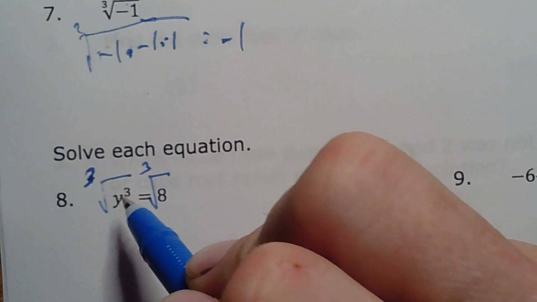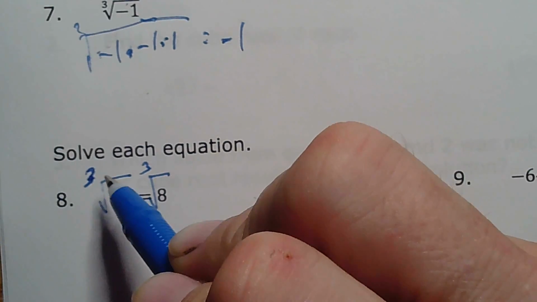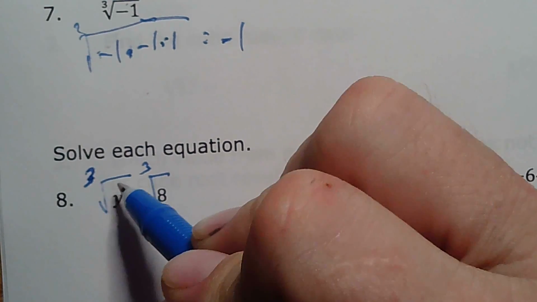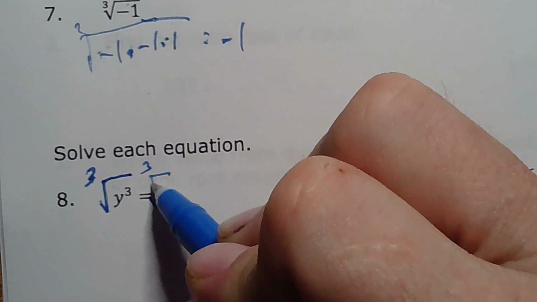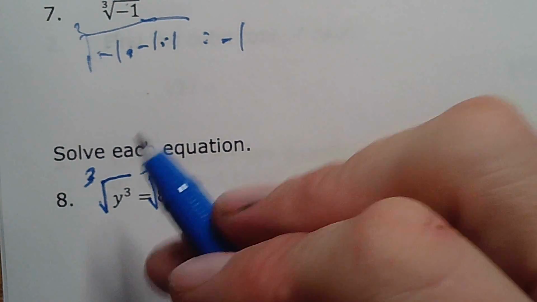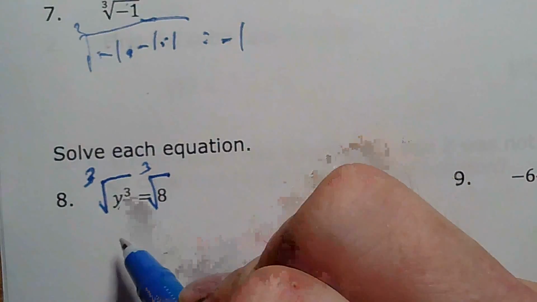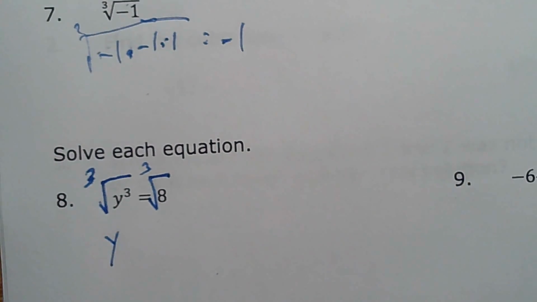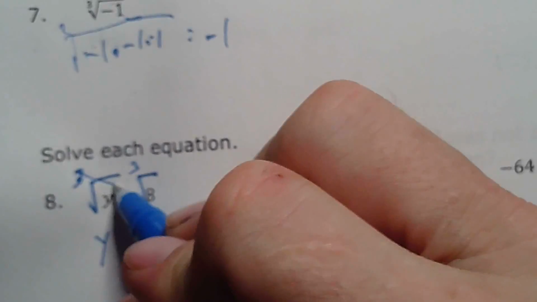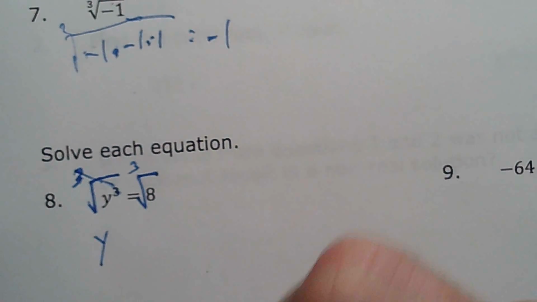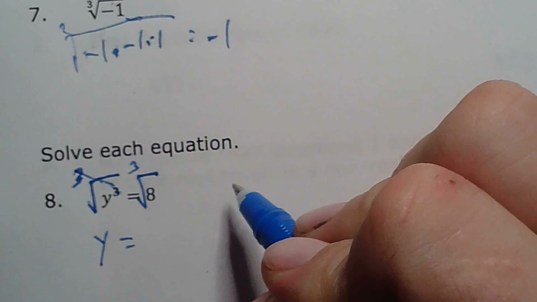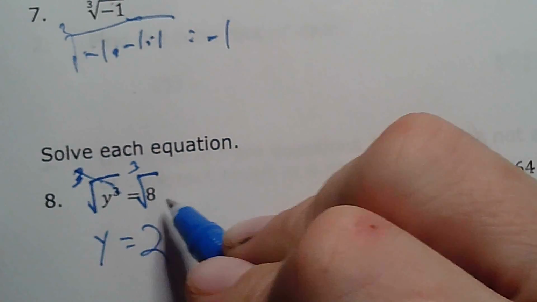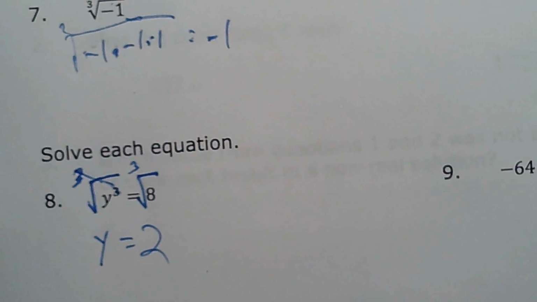In order to undo the cubed, I need to do the opposite function, which is the cube root. Well, the cube root of y cubed is y. The cubes cancel out, the radical goes away, and I just have y left over. And then the cube root of 8 is 2, because 2 times 2 is 4, times 2 is 8.